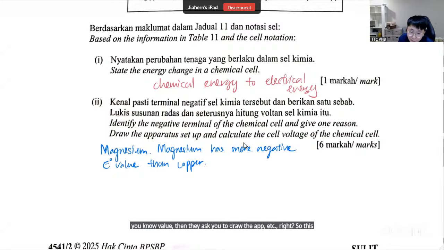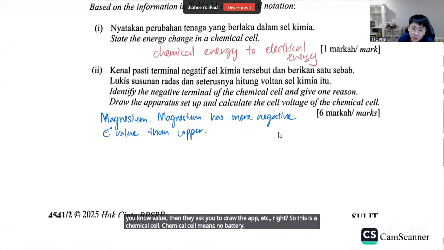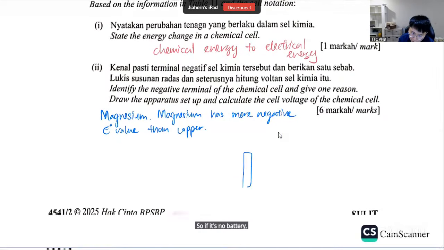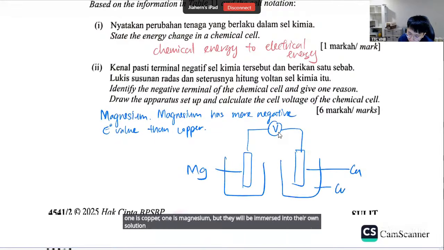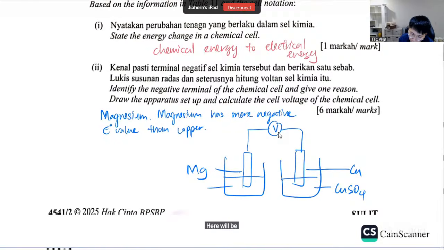Okay, then they ask you to draw the apparatus setup, right? So this is a chemical cell. Chemical cell means no battery. So if it's no battery, just gonna be electrodes with your magnesium and copper with a voltmeter in the middle. So one is copper, one is magnesium, but they will be immersed into their own solution. So here will be CuSO4. Here will be MgSO4. Okay, but how do you relate between the beakers?